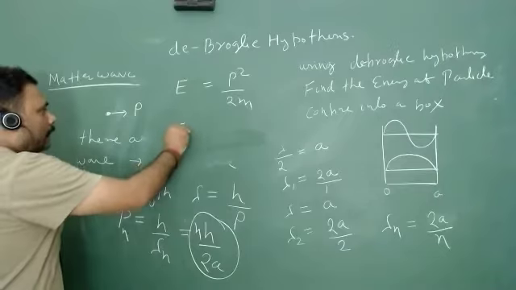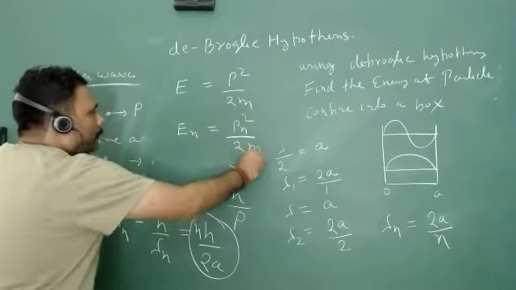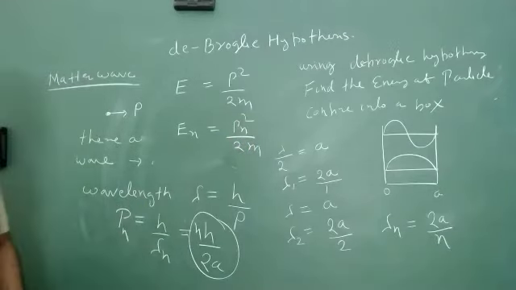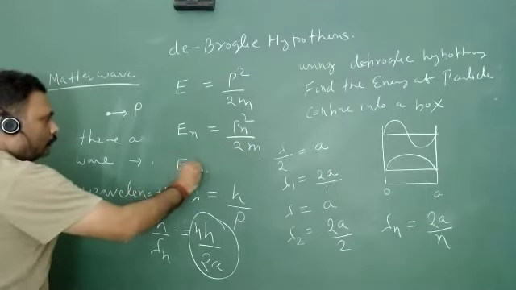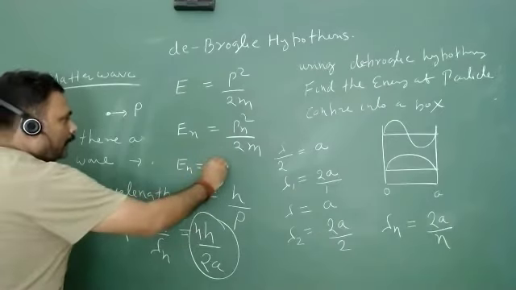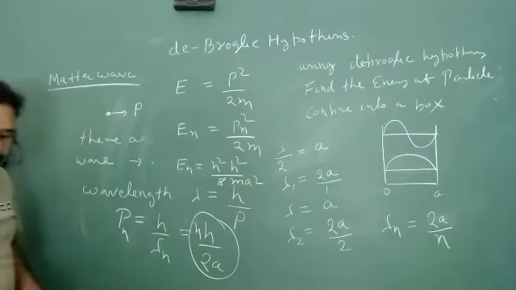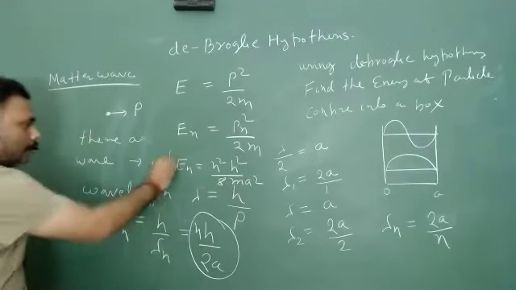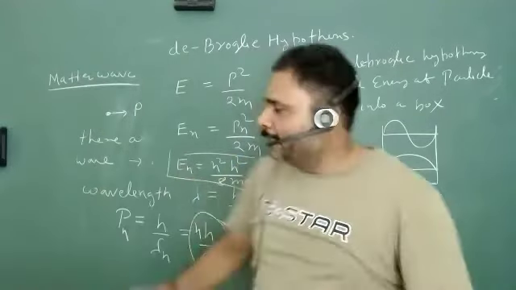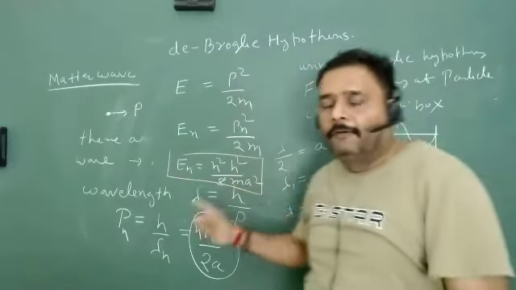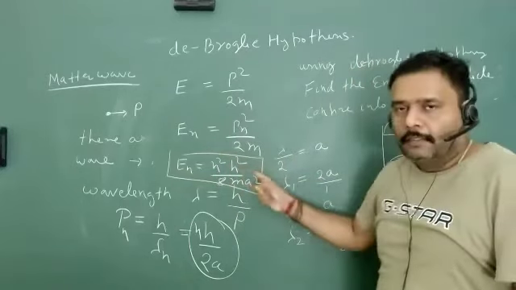So I can get the allowed value of En equal to Pn square upon 2m, and finally you can get the answer, and that will be En equal to n square h square upon 8 m a square. And now if you look at this particular thing, you are getting exactly the same thing as you get from the Bohr-Sommerfeld theory. This is exactly the same thing, not anything different.